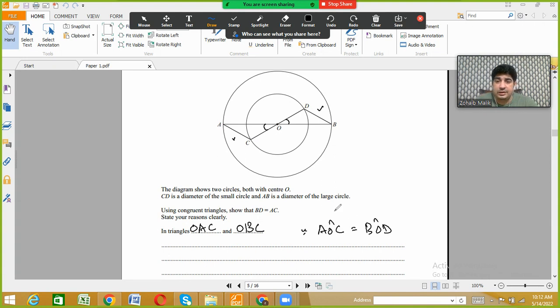So AOC is equal to BOD, why? Vertically opposite angle. Now the second reason is OA is equal to OB. Why? Because these are the radius of the larger circle.